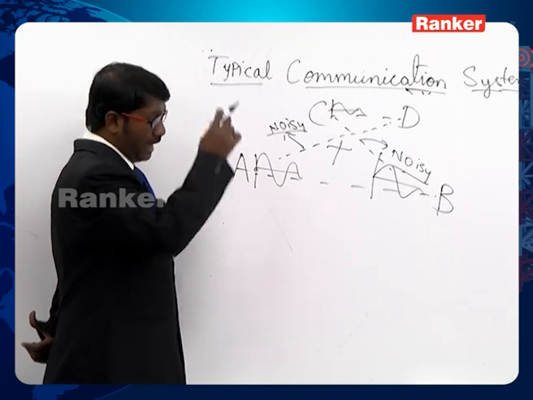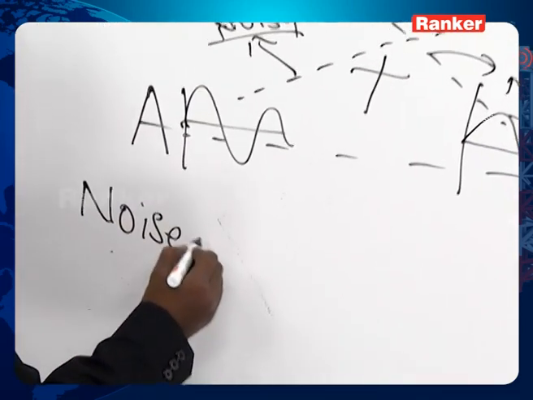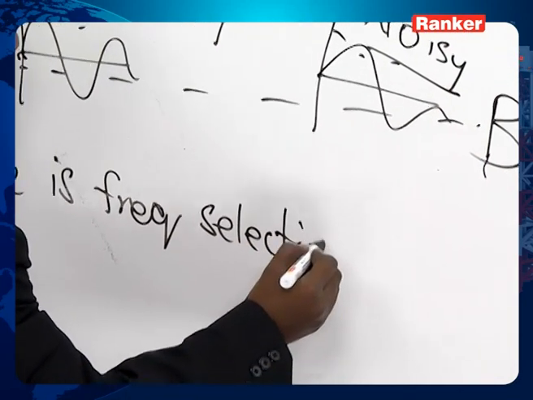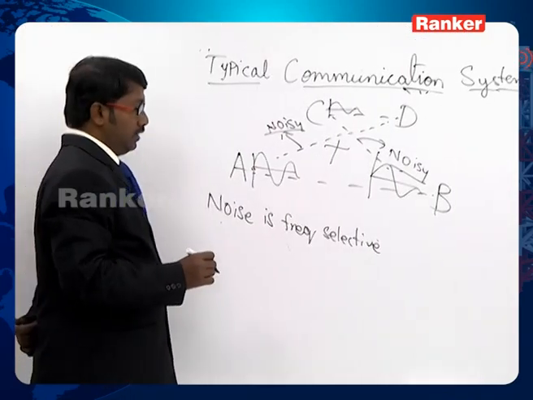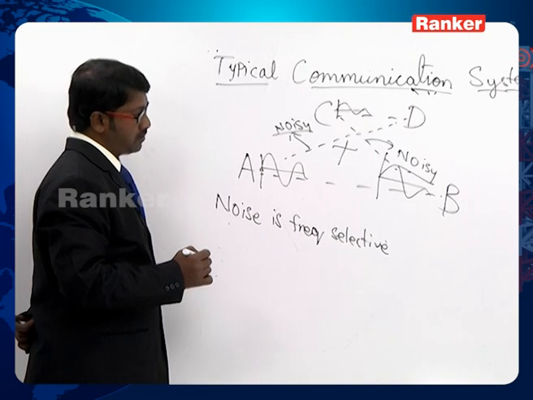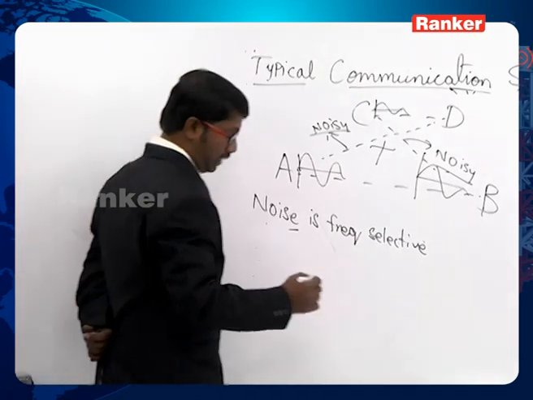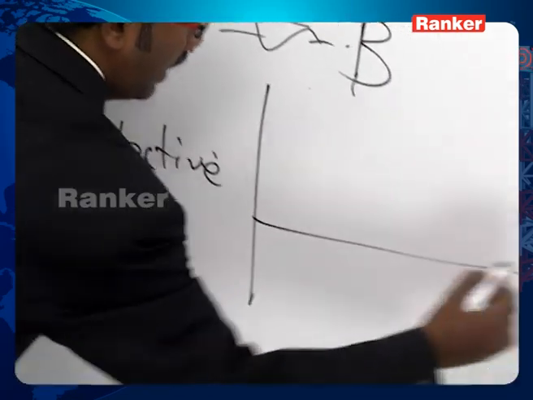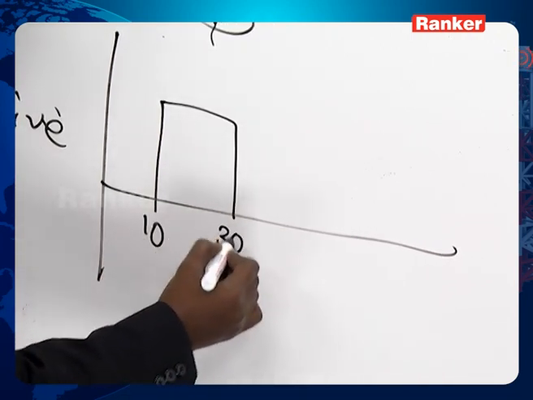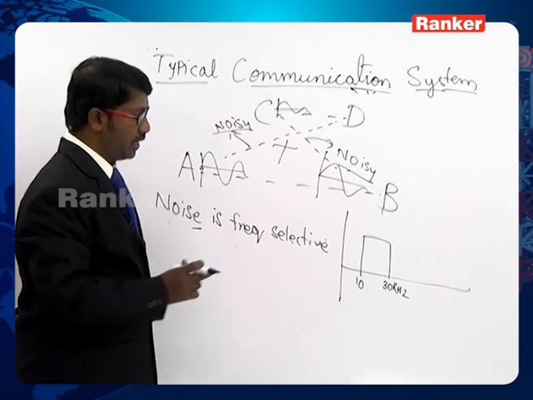Now, another important aspect of noise is that it is frequency selective. What do I mean by this? This characteristic feature of noise helps the analysis of communication systems to a great extent. When I say noise is frequency selective, let me assume that a particular signal is transmitted with a bandwidth of 20 kilohertz, spread between 10 and 30 kilohertz.